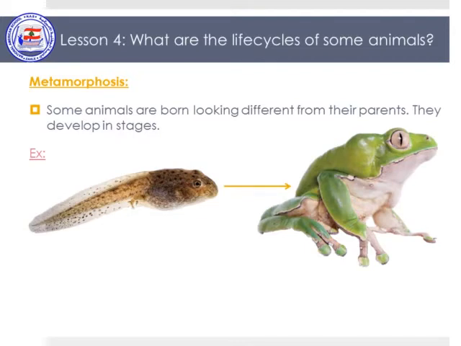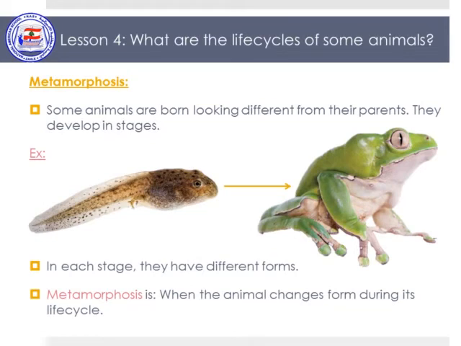Then this tadpole grows in stages to look like an adult frog. Later we will go deeper into these examples and we will see that in each stage the animal will have different forms. So we conclude that metamorphosis is when the animal changes form during its life cycle.